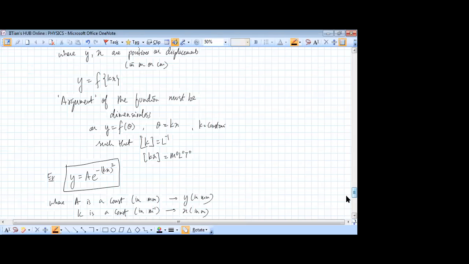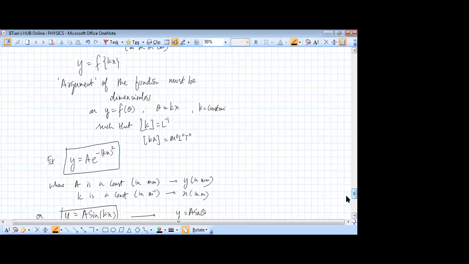Okay, so that is the important thing. The function's argument has to be dimensionless, like in these functions below.